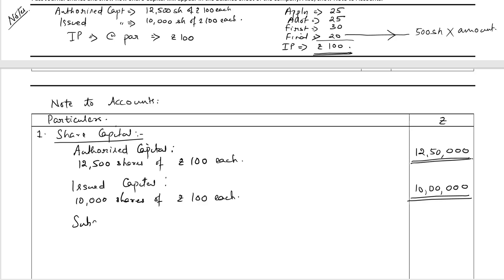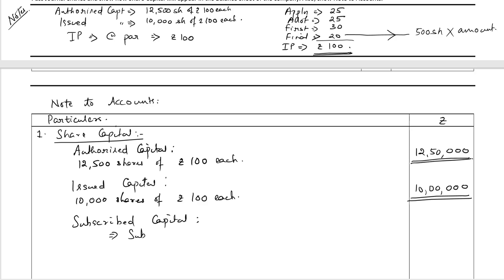Let's move on to subscribed capital. The number of shares which comes under subscribed and fully paid up, where the full amount has been called up as well as the full amount has been received, will be 10,000 minus 500 shares, which is 9,500 shares of rupees 100 each.